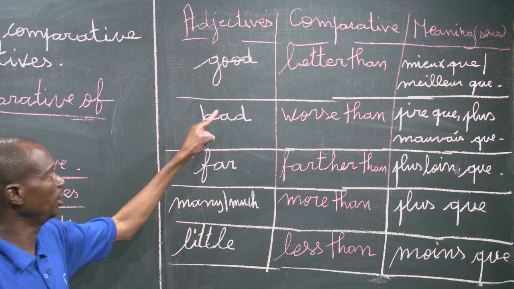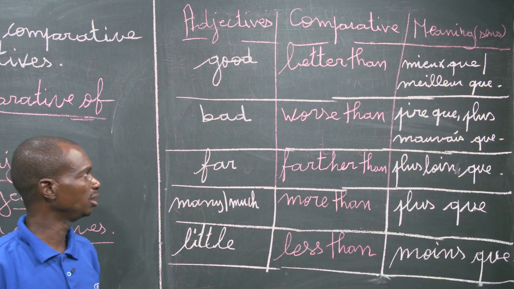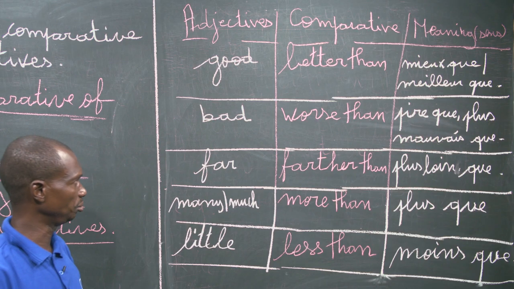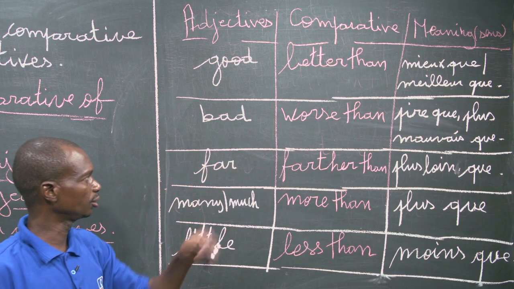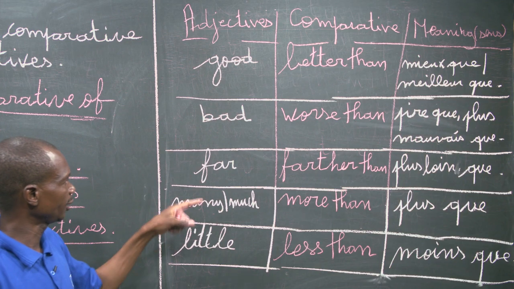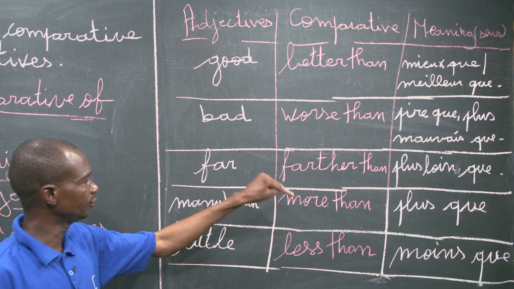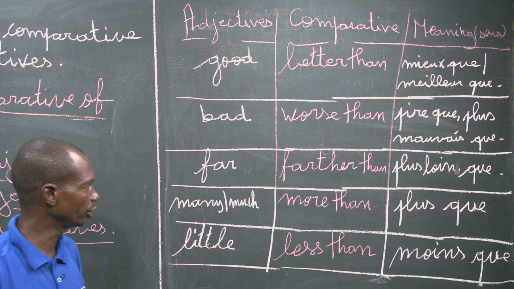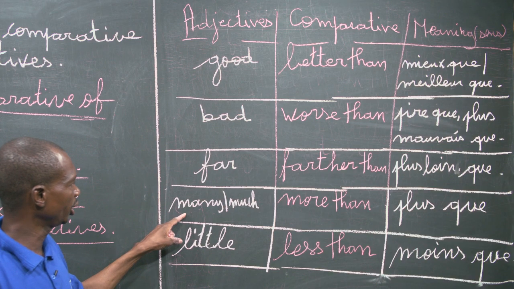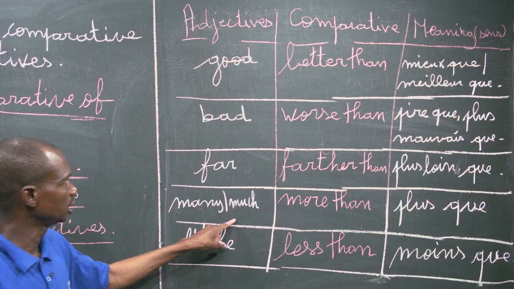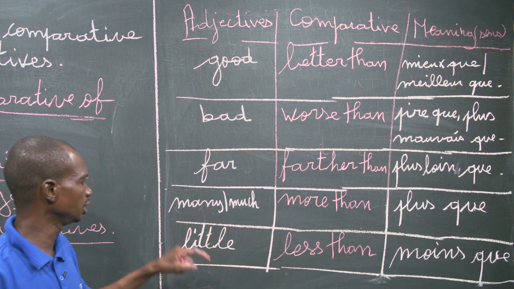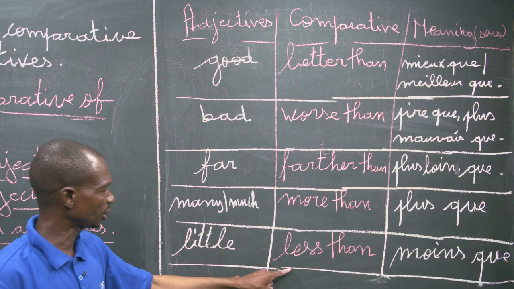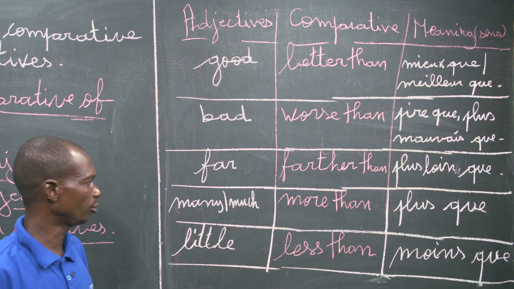Good, better than, in French mieux que or meilleur que; bad, worse than, pire que or plus mauvais que; far, farther than, plus loin que; many or much, more than, which means plus que; and little, less than, which means moins que.